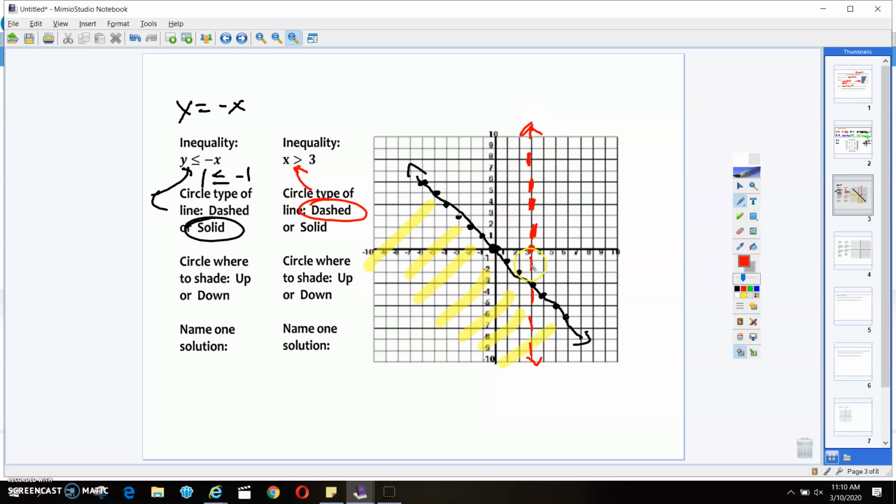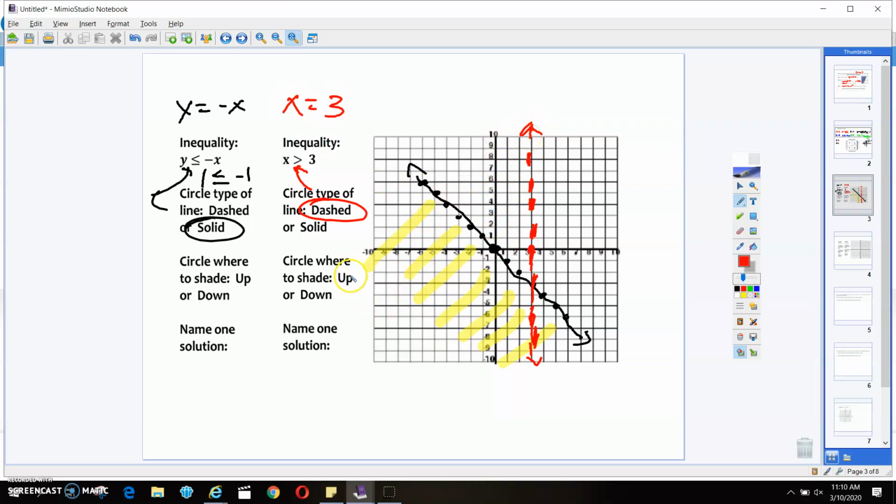It's a vertical one. So this has just an x, right? So if I graph the line x equals 3, that's a vertical line, right? That's it.